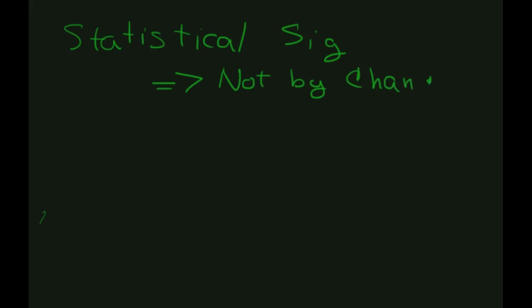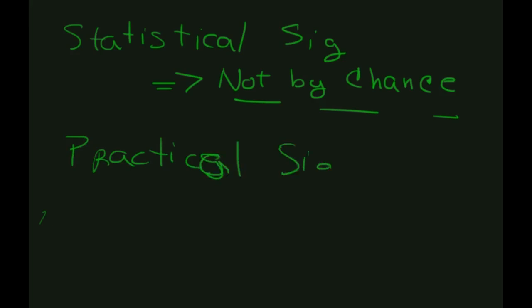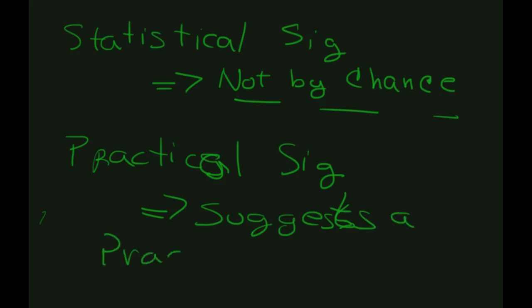So if something is statistically significant, it is not by chance, whereas practical significance is something that suggests a practical outcome.